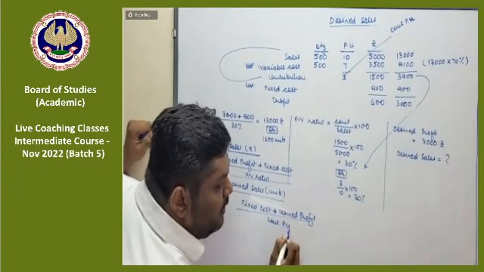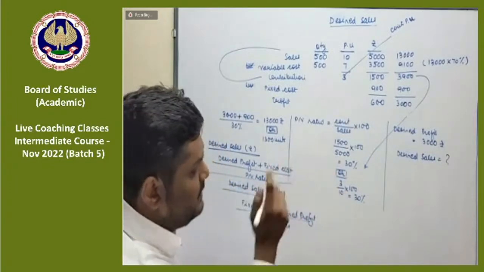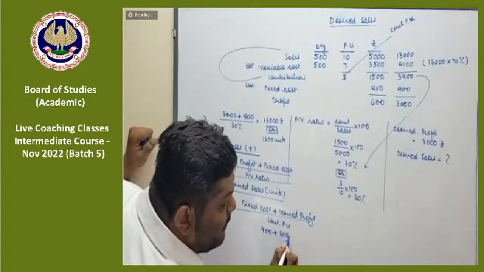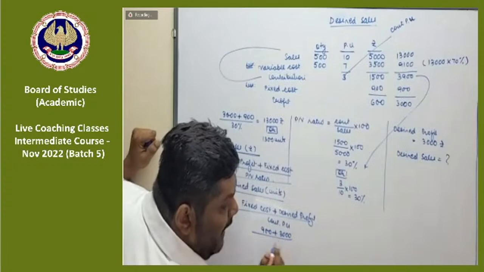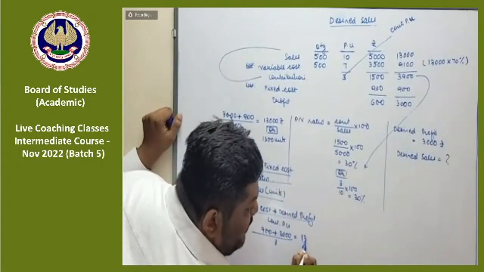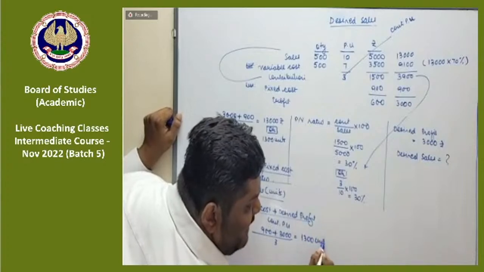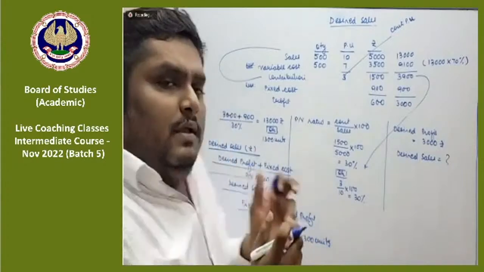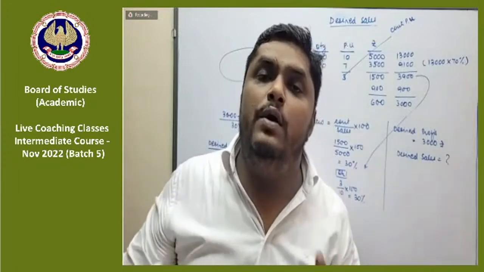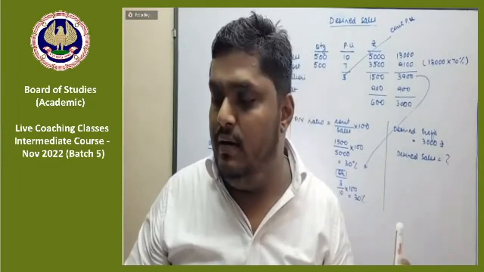Contribution per unit. This is how we will get the final answer. If we manufacture and sell 1,300 pens, we will be able to get our total desired amount, that is 3,900.